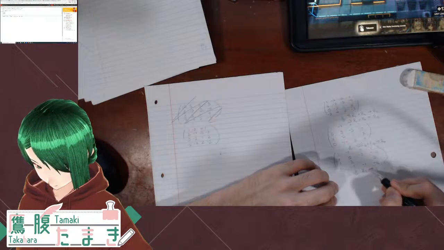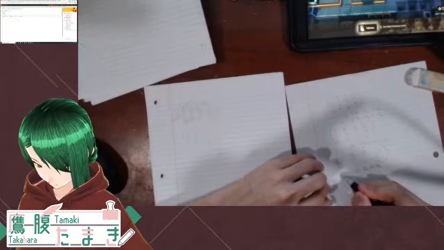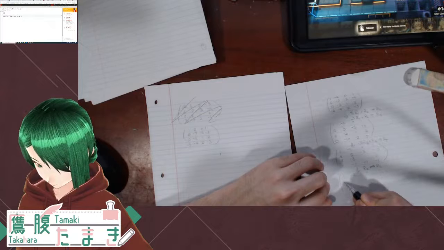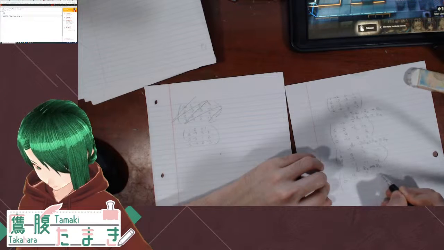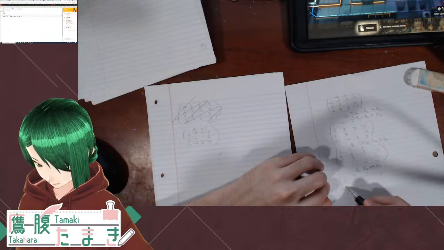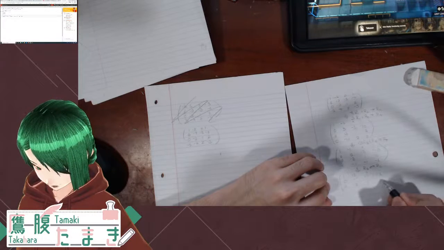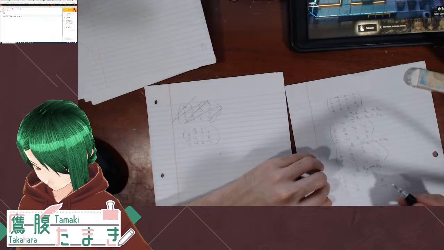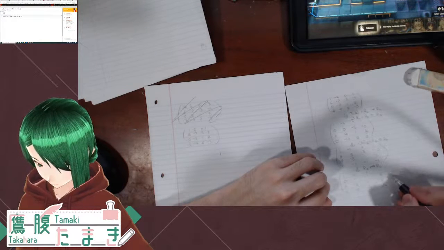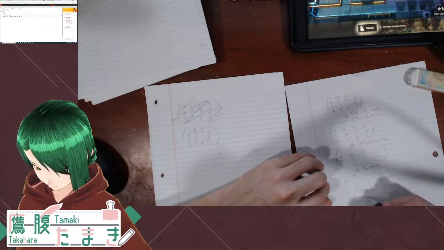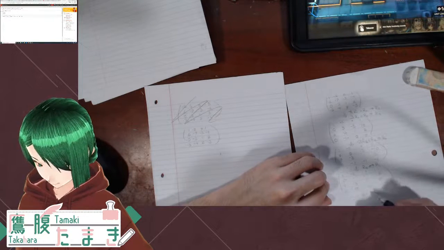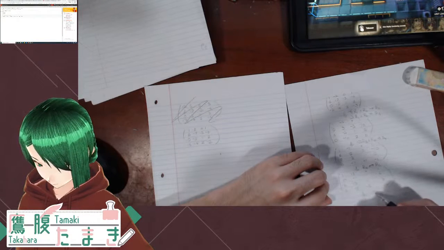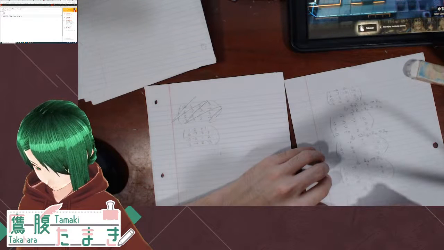Row 2 switch with row 4. 1, negative 2, 0, 1; 0, negative 1, negative 1, negative 6; 0, negative 3, 1, 2; 0, 5, negative 3, negative 10. Negative row 2. Yeah, that'll be good.